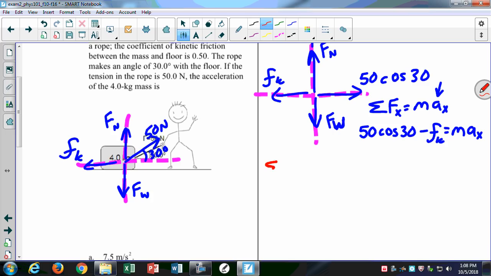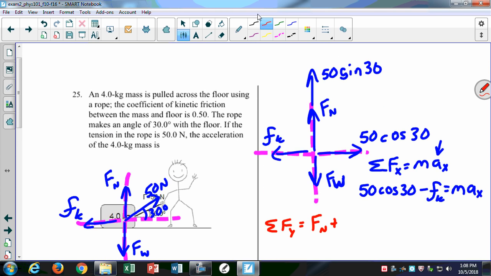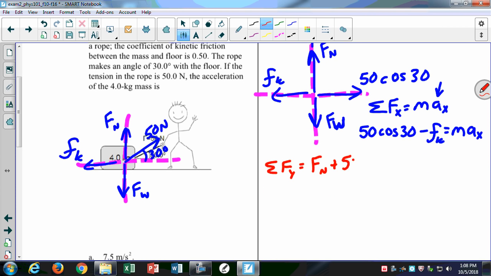I know from the sum of the forces in the y direction that Fn plus 50 sine 30 minus the weight, which in this case is 40 newtons, is equal to 0. And so I can find Fn. Fn is 40 minus 25, which is 15.